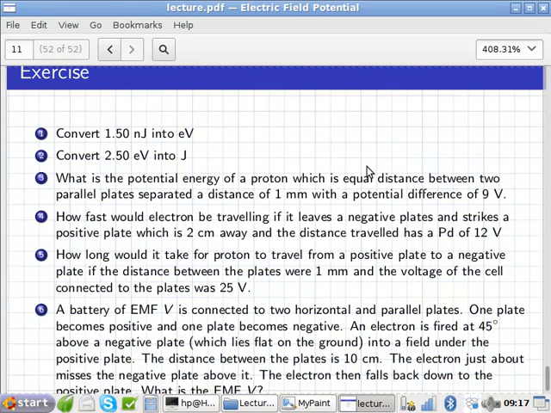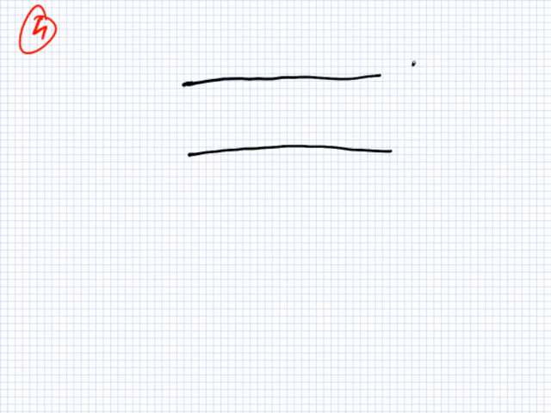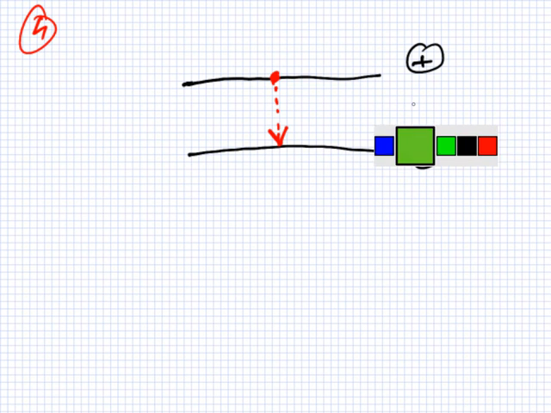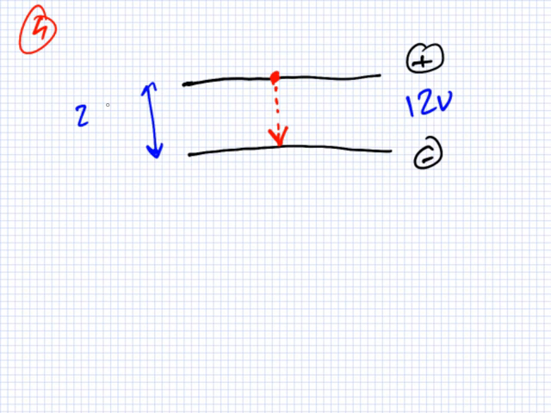Not that it matters. So you have your positive, you have your negative, and the proton is here, and then it flies down and hits this plate. The voltage is 12 volts, and the distance is 2 centimeters.